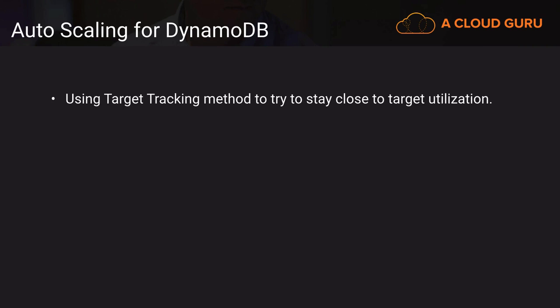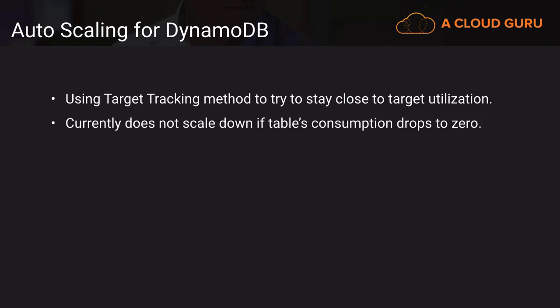Now, there are some things to note about auto scaling for DynamoDB. It uses this target tracking method to try to stay as close as possible to that target utilization. And right now, there's really no good way to scale down if that table's consumption drops to 0. And that's because DynamoDB doesn't know if it's just simply not being used or truly the demand is gone for good.